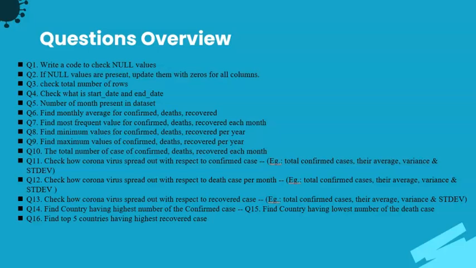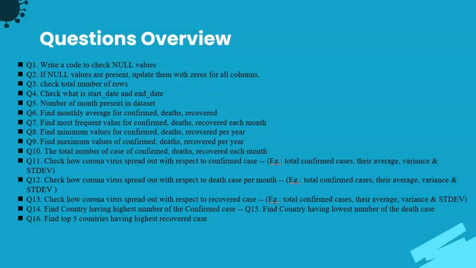We also need to find how the coronavirus spread out with respect to the confirmed cases, how it spread out with respect to the death cases as per the months, and how it spread out with respect to the recovered cases.